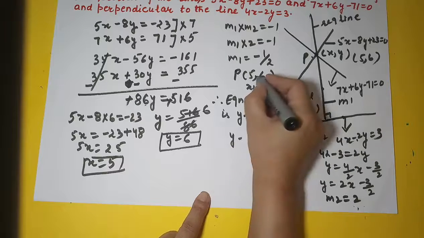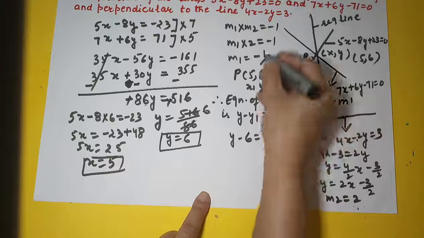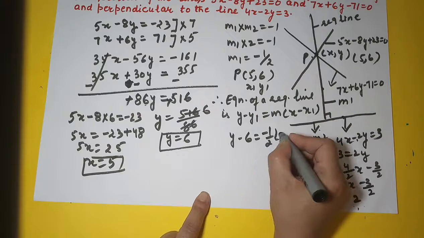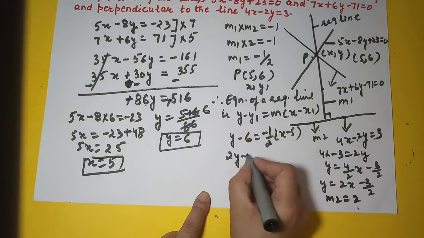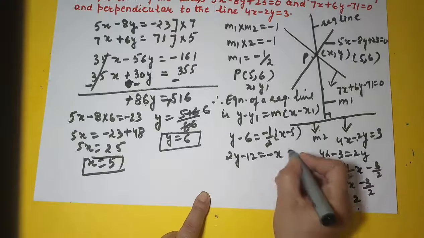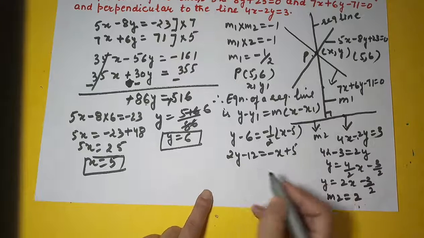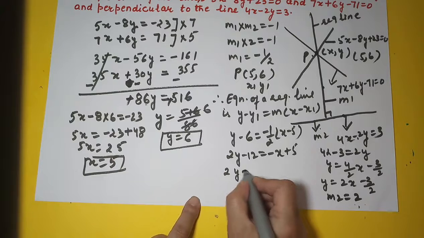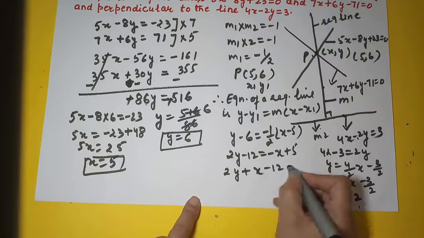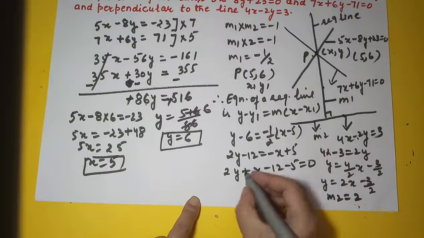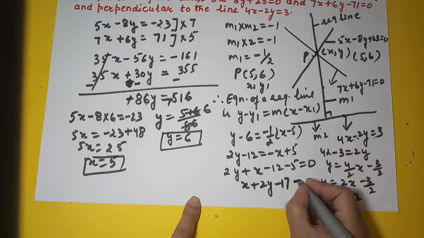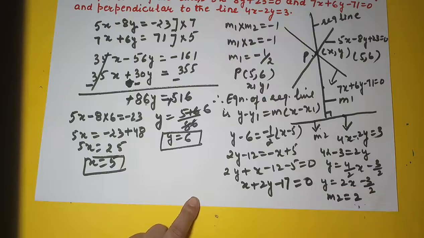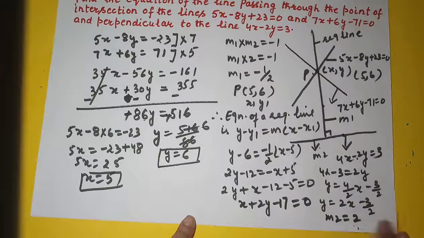Y minus 6, your m is minus 1 by 2, times (x minus 5). So cross multiply: 2y minus 12 equals minus x plus 5. Shift this to this side. You will get 2y plus x minus 12 minus 5 equal to 0. So x plus 2y minus 17 equal to 0 is the equation of your required line.